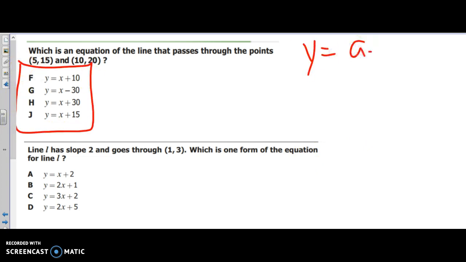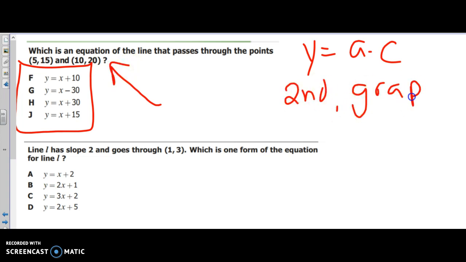You're going to type in your answer choice. I'm abbreviating. You have to see if it goes through these points. So we're going to press second, graph, and then you have to check points. Okay? So alpha y equals enter, x plus 10, press second graph, see if it goes through those points. I think this answer is F. So you guys go ahead and do these next two.